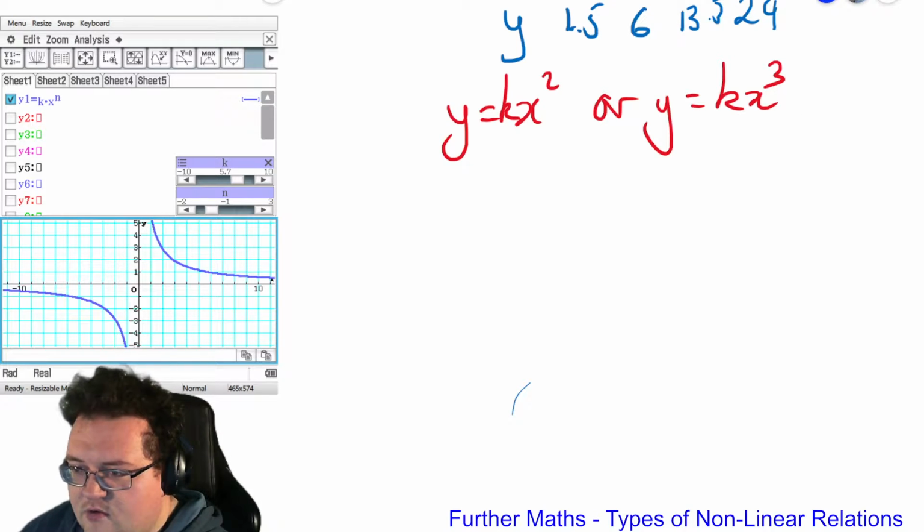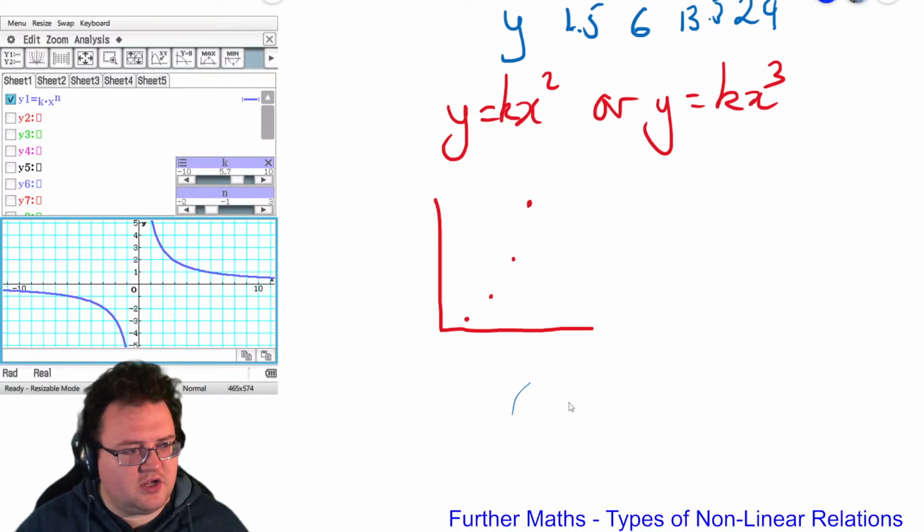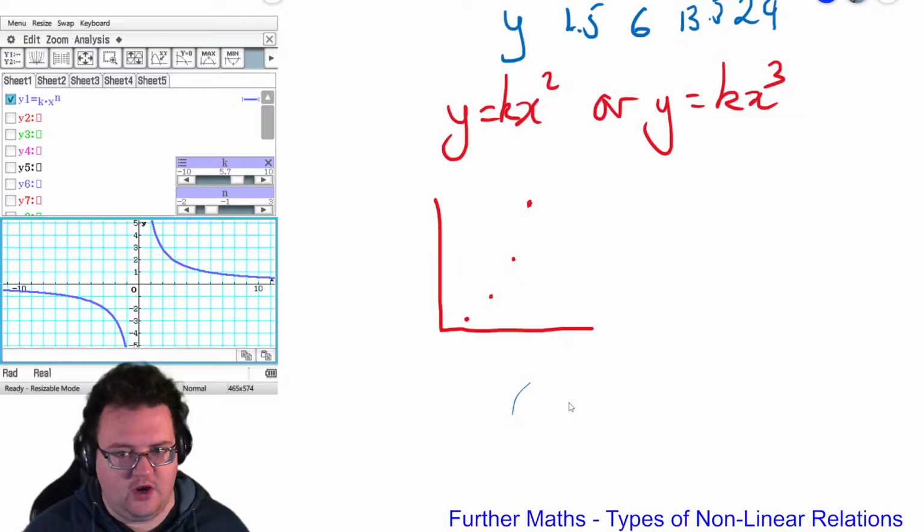So I might just quickly throw together 1.5, 2, 5, so it's looking pretty curved. Now, that curve could be from an x squared or an x cubed relationship. We don't know.